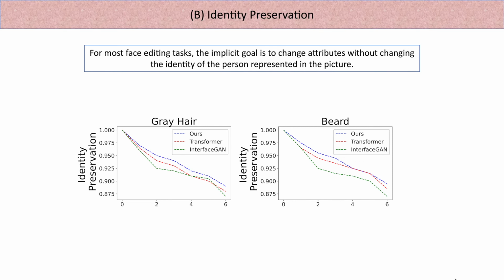Identity preservation is also very important, because if you edit the image a lot, we don't want to change the identity. This is the comparison between our method and the state of the art. As you can see, even with a very large edit, the amount of identity change for our method is lower compared to the state of the art.